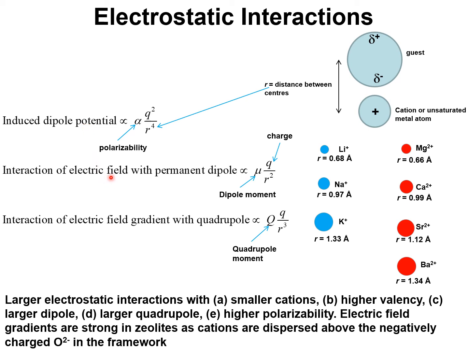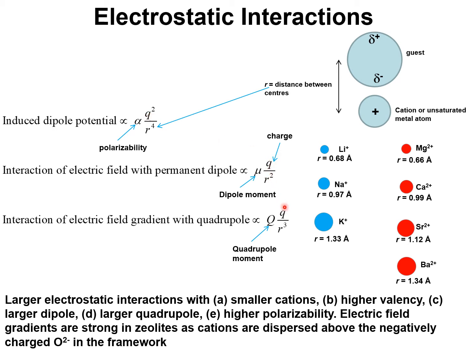The second one due to the interaction of the electrical field with the permanent dipole of the guest molecule. And thirdly, we have the interaction of the electrical field gradient with the quadrupole moment of the gas molecule.